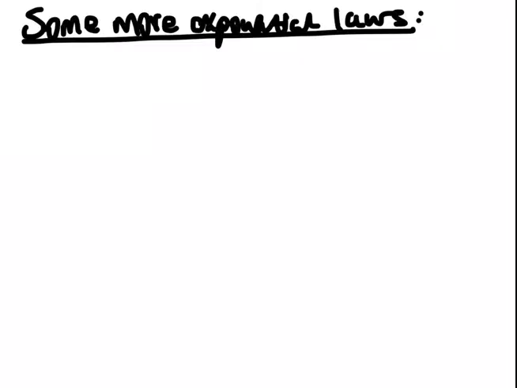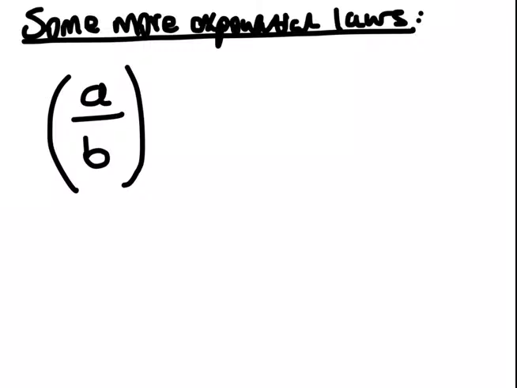So let's say we are raising a fraction to a power, and let's see how we work it out. Not that complicated. This is an additional law of exponents where we have a base, let's name it A, then another base, let's name it B, and then this is to the exponent of n.